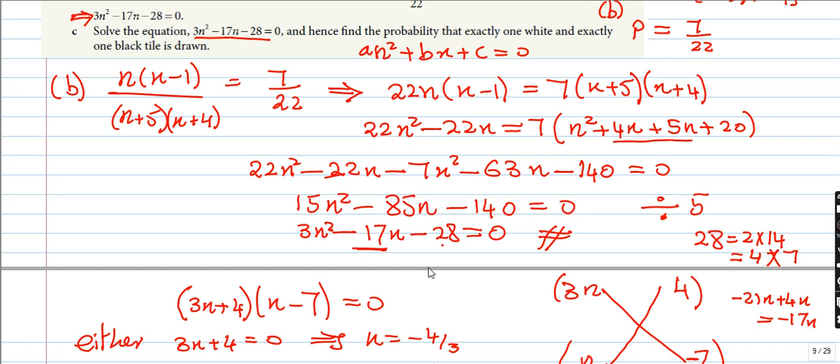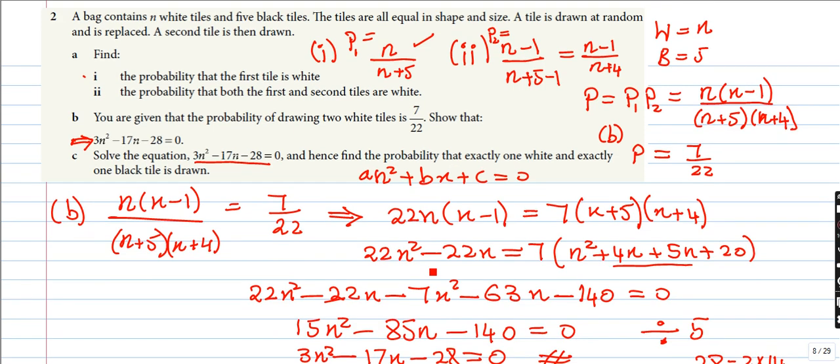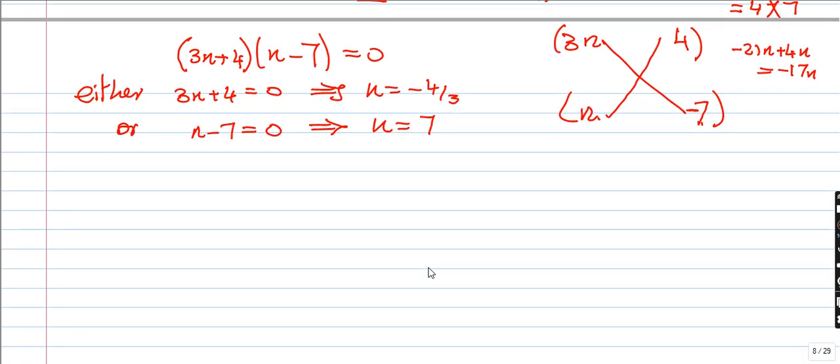Now find the probability of exactly one white and exactly one black is drawn. The probability of one white is n, the number of white tiles, divided by the total number, which is n plus 5. After you find the value of n, this is 7 over 7 plus 5, which is 7 over 12.